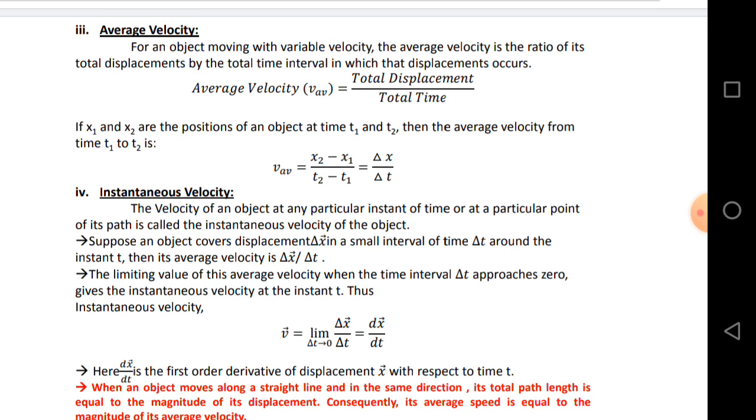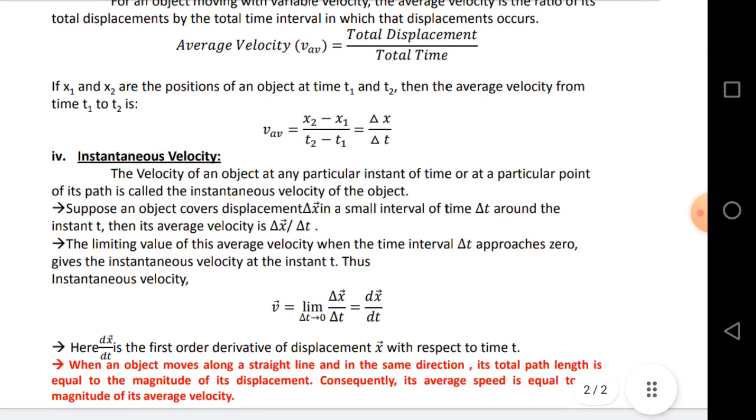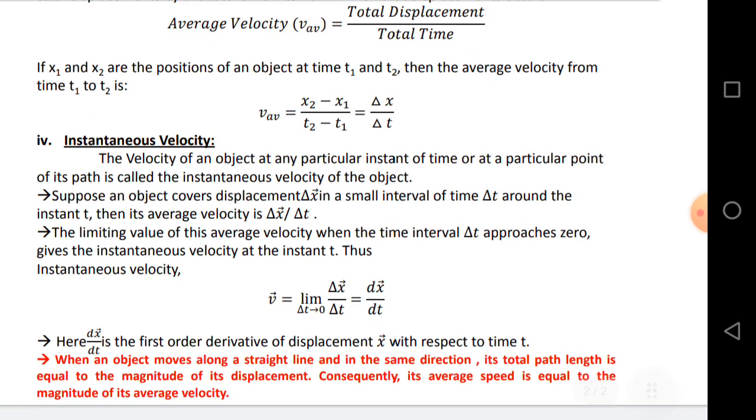An important point to remember: when an object moves along a straight line and in the same direction, its total path length is equal to the magnitude of its displacement. Suppose a body is moving in a straight line in a particular direction only, not changing its direction in any way. Then the average speed is total distance traveled by total time taken.